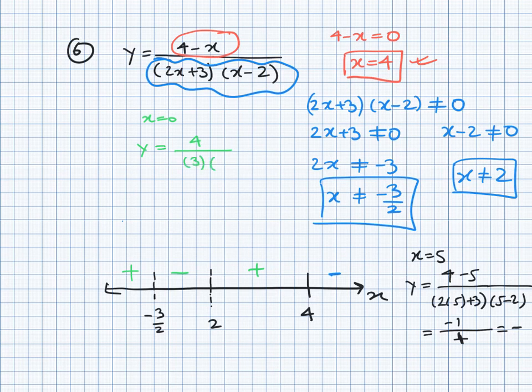And then 0 take away 2 is a negative number, so it's -2. The numerator is equal to 4. Positive times negative is negative. So positive over negative is going to give you negative, and we have negative. So we can confirm it's negative here. I'm going to leave those in green. You can check by plugging in the numbers and calculating.